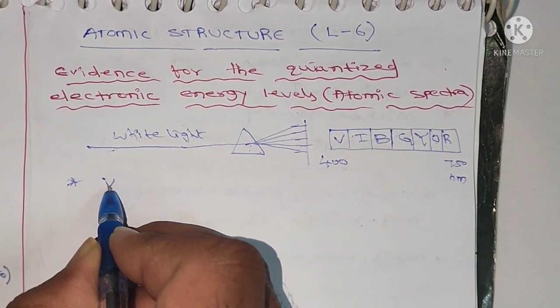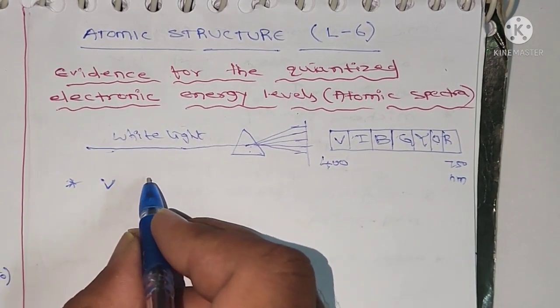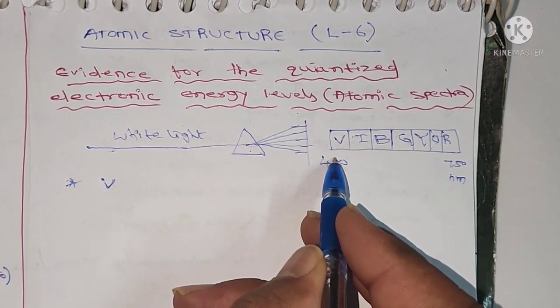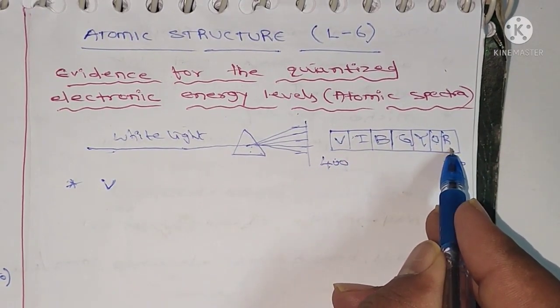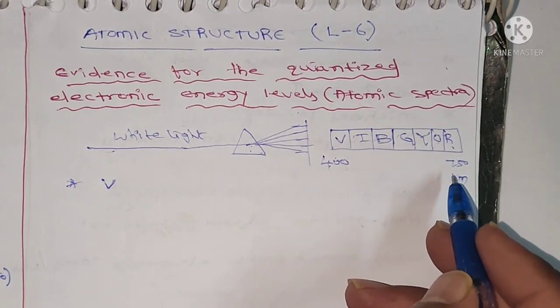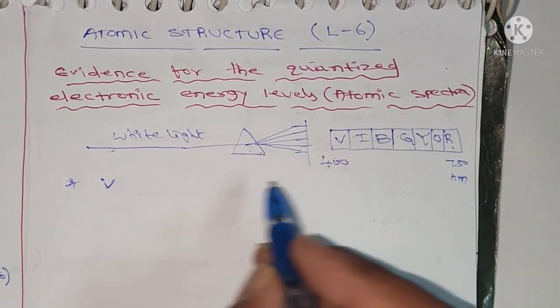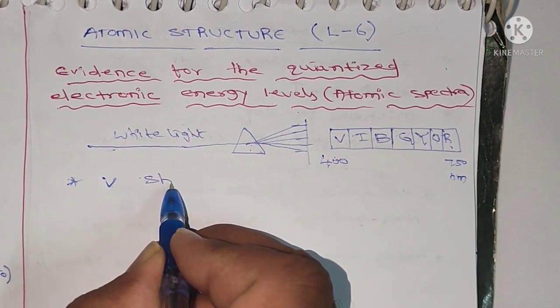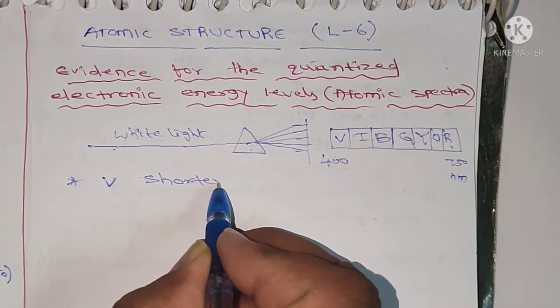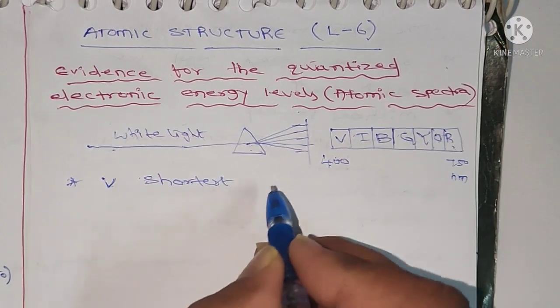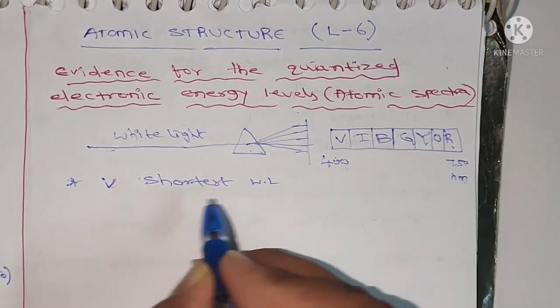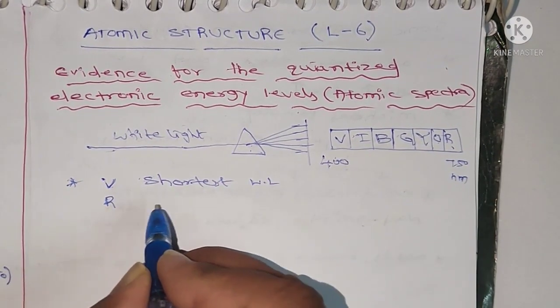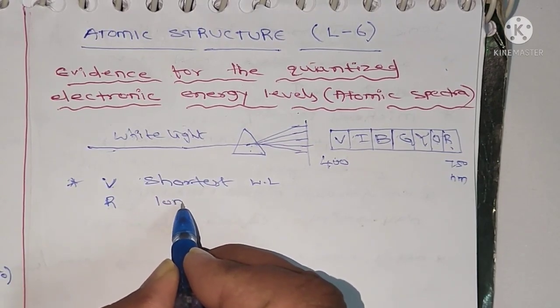The violet color has the shortest wavelength and the red color has the longest wavelength.